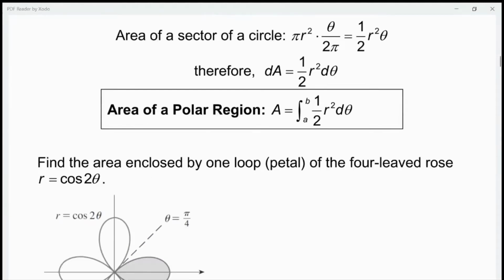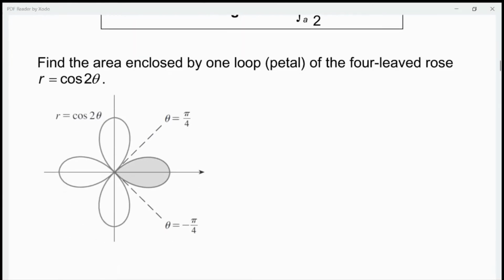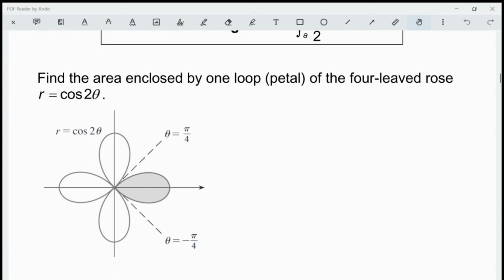So let's take a look at how this would be used. We've got this curve that is a 4-leafed rose, and they want us to find the area enclosed by one loop, or one petal, of the 4-leafed rose. In terms of setting this up, it's essentially a formula that you're going to use. You can see in this case that the loop is bounded by negative pi over 4 and pi over 4.